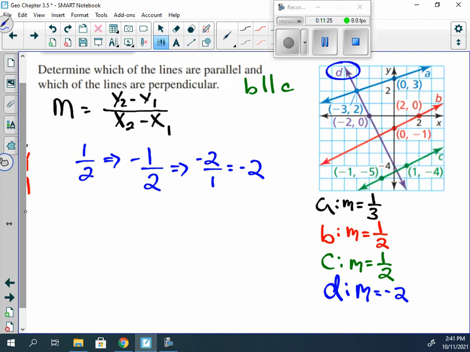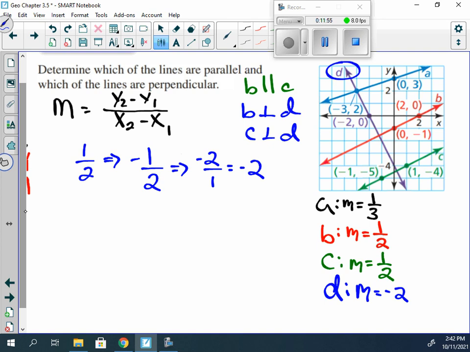So the perpendicular slope for 1/2 would be -2. So that tells me that B is perpendicular to D, and C is perpendicular to D. So those two lines are perpendicular because they have opposite reciprocal slopes. Their slopes are the opposite and flipped. And that's it.